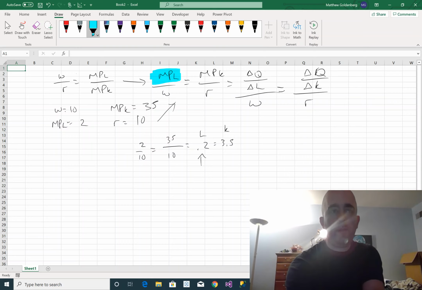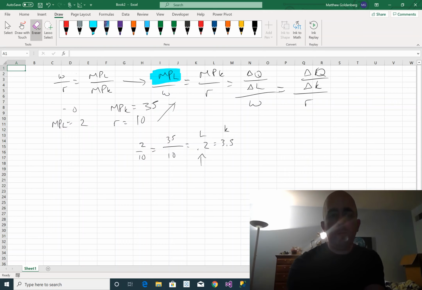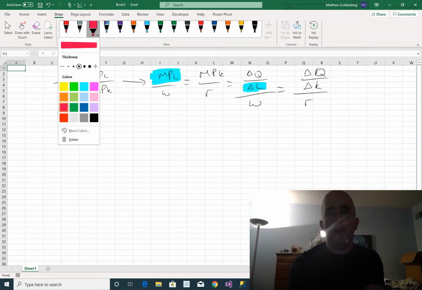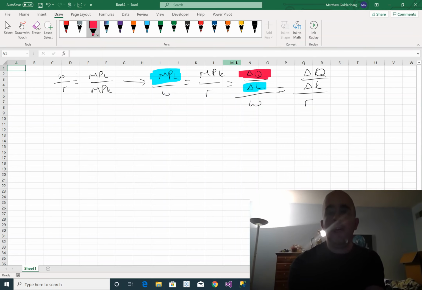But watch what happens when we do that. When we increase the marginal product of labor, we're not increasing labor. No. We are increasing the quantity that labor is producing.